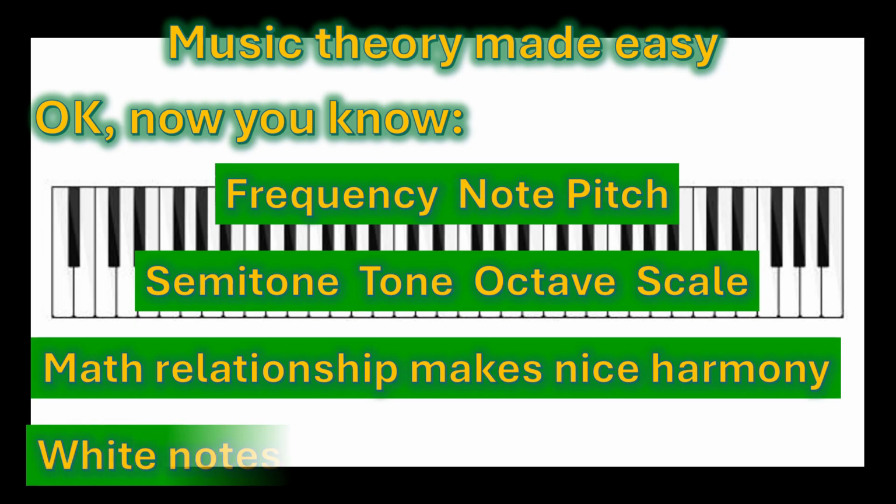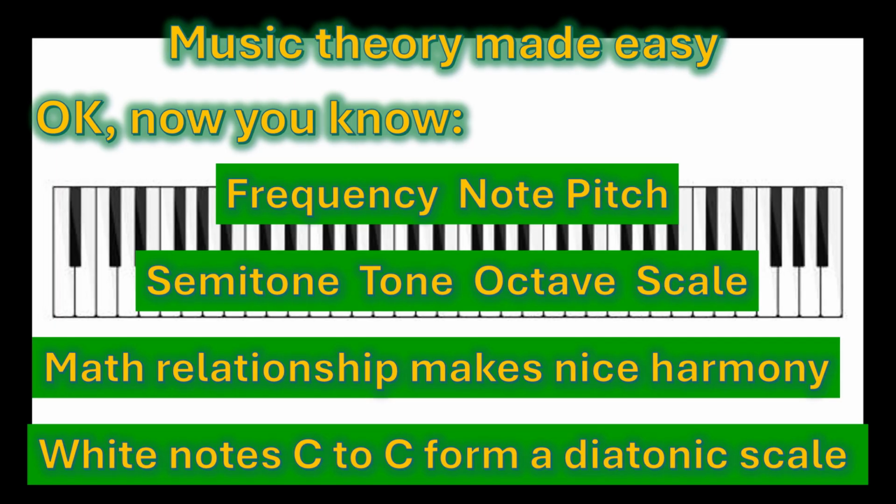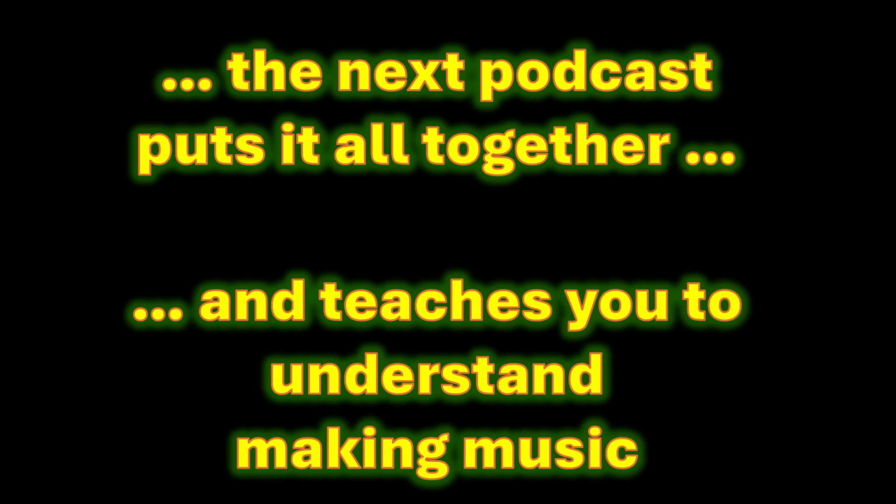Finally, you should know what a diatonic scale is, and you should know that when you play the white notes on a keyboard, beginning on C, you're playing a diatonic scale. Do, re, mi, fa, sol, la, ti, do. In the next podcast, I will explain how to put all this knowledge together to make music. Keep going.